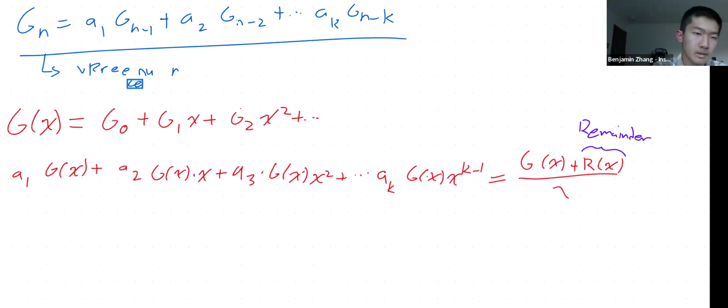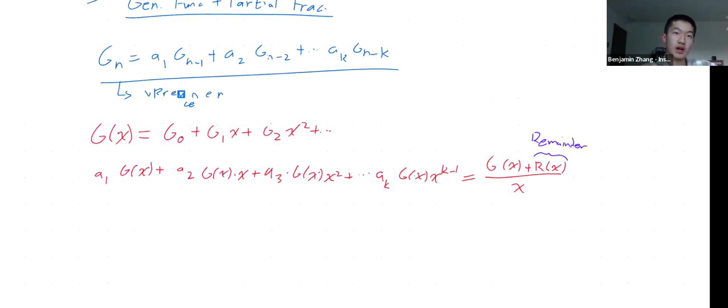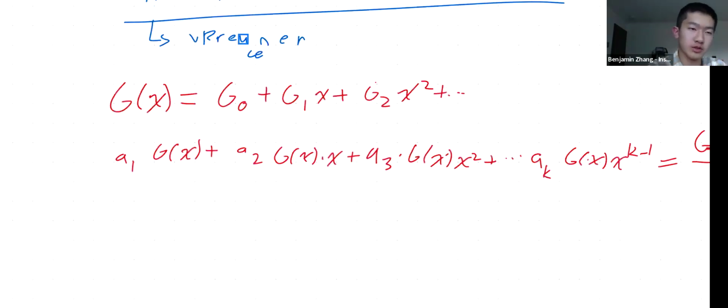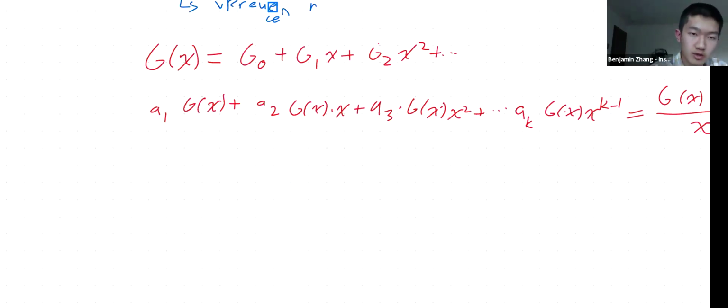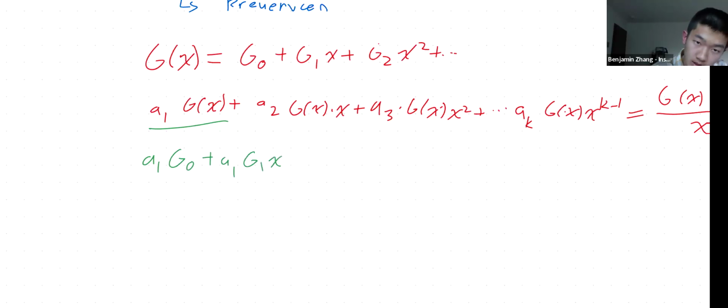So why is this true? One thing I find helpful with this proof is to consider it term by term. This first term here, what is it equal to if we expand it out? It is equal to a1 g0 plus a1 g1 x plus a1 g2 x squared, and so forth.